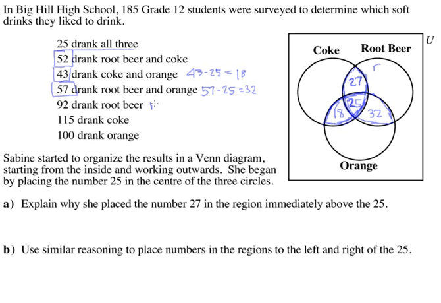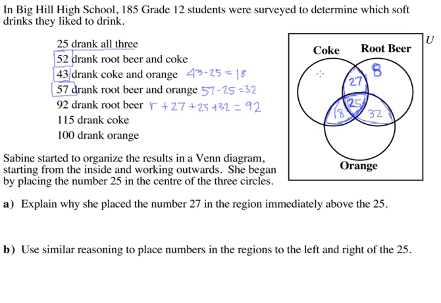We'd have root beer only people plus 27 plus 25 plus 32. That's all the people who will have anything to do with root beer. 27, 25, 32, and our unknown R, and they have to make a total of 92. If you solve that, you'll find that R is 8. And now we completely own this right side.